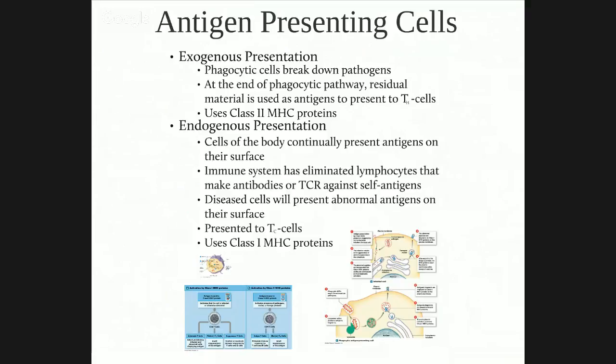The type of MHC, class 1 or class 2, is important because that helps the receiving cell, the T cell, know what kind of antigen it's being presented with. Helper T cells only interact with class 2 MHC. Cytotoxic T cells, subscript C here on the text slide, only interact with class 1 MHC.